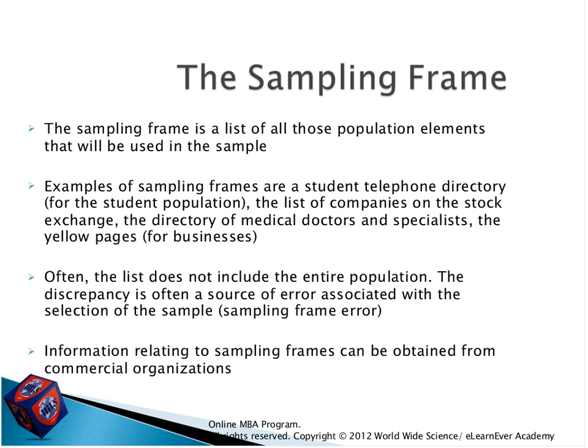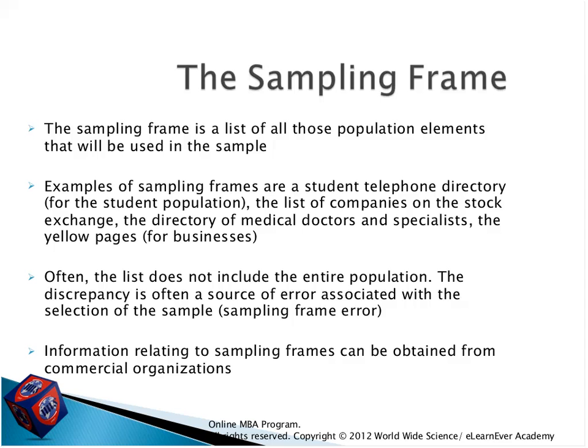Or for example, if you want to do research about companies, the list of companies on the stock exchange can be another sampling frame. Or the directory of medical doctors and specialists, or the yellow pages. Yellow pages is another good sampling frame for businesses.